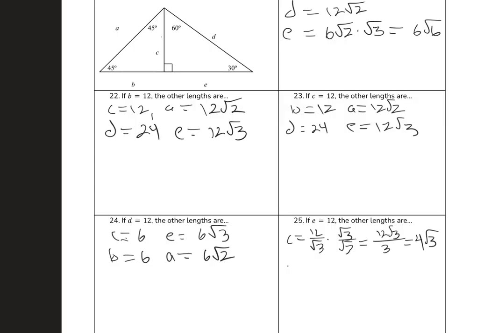D is equal to double C, so it's equal to 8 root 3. B is equal to C, so B would be equal to 4 root 3. And A is equal to root 2 times B or times C, so A would be equal to 4 root 3 times root 2, which would be equal to 4 root 6.